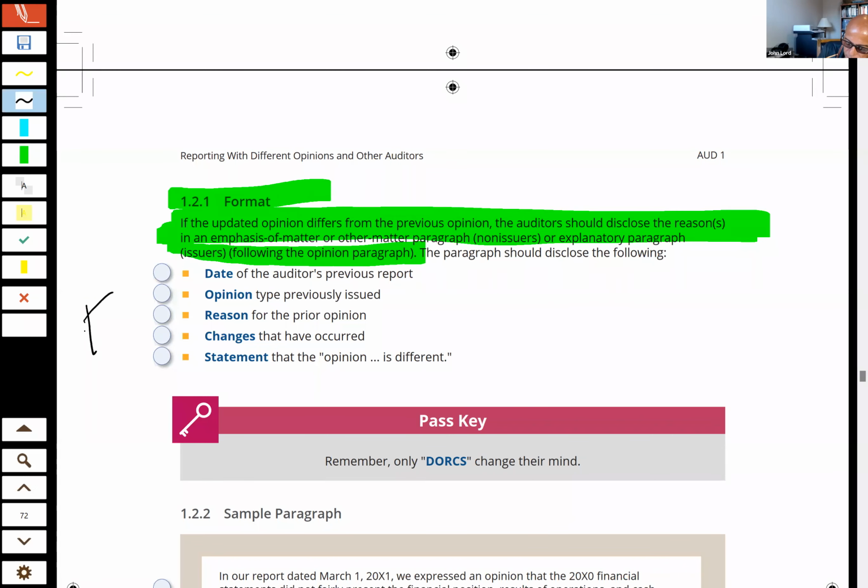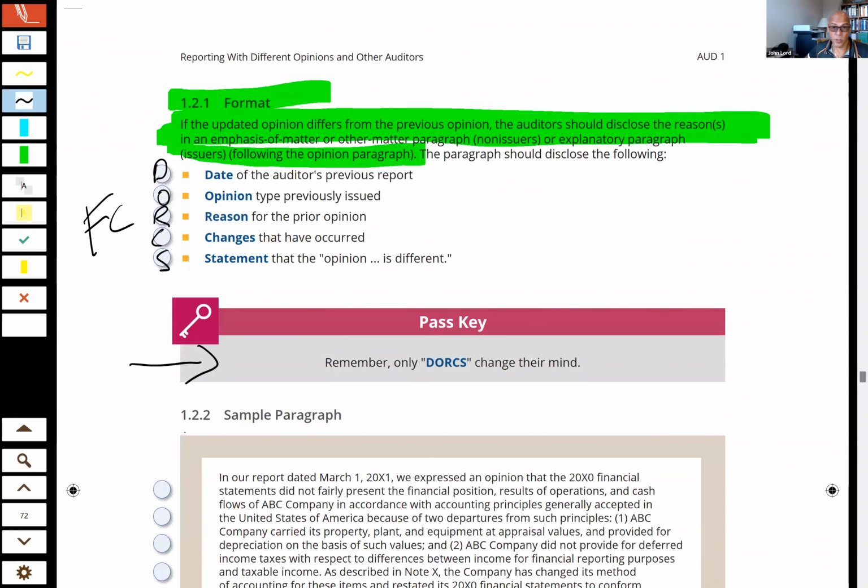Okay, so let's go ahead and flashcard. I do like this mnemonic because I think it's kind of cute, because they tell us what? Only dorks change their mind, which of course is not true. Only dorks refuse to change their mind when presented with better facts, but whatever.